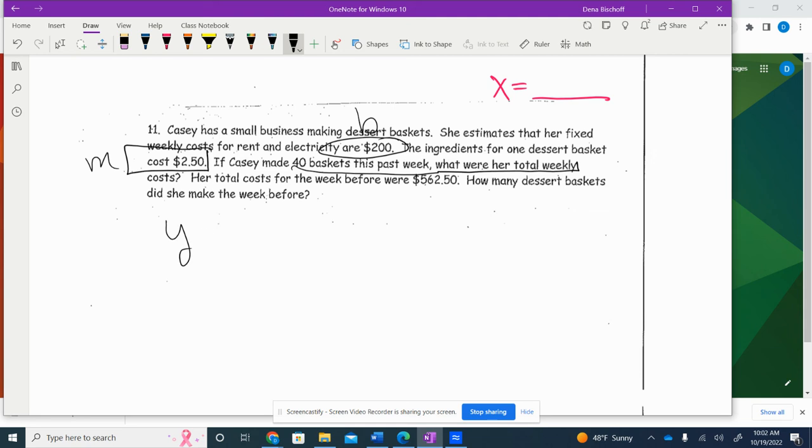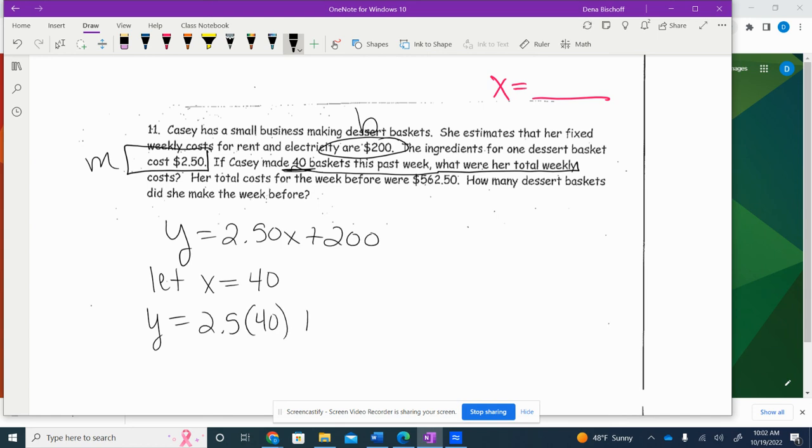So let's write an equation. y equals 2.50x plus 200. She made 40 baskets, so that's saying let x equal 40. So y equals 2.5 times 40 plus 200. Okay, so you're going to figure out what her total costs are.